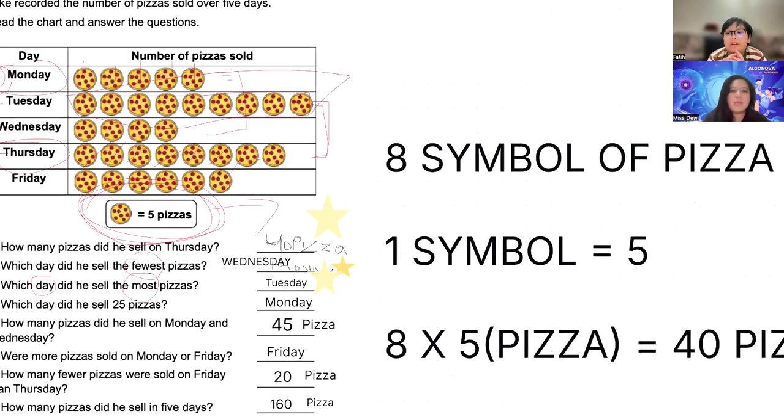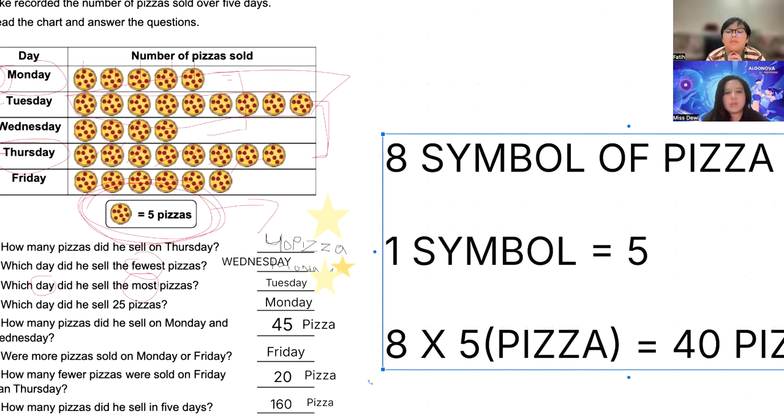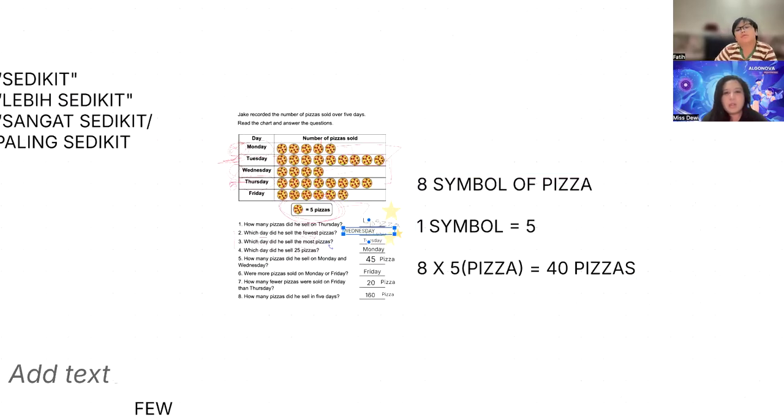Okay, Miss Dewi will move this answer first to make it easier. So now you have 5 symbols multiplied by 5 pizzas. It's very easy. 5 times 5 equals?